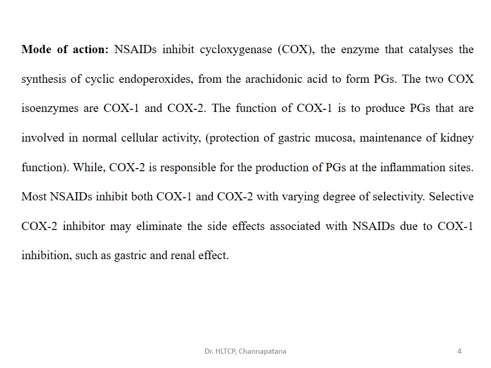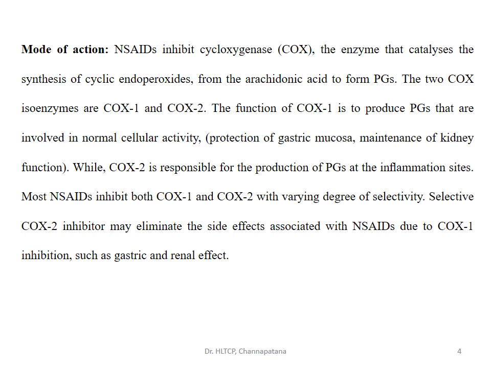The function of the COX-1 enzyme is important. It is required by our body because the prostaglandin synthesized by COX-1 is involved in normal cellular activity, meaning it protects our gastric mucosa.